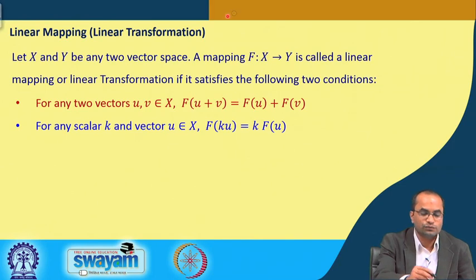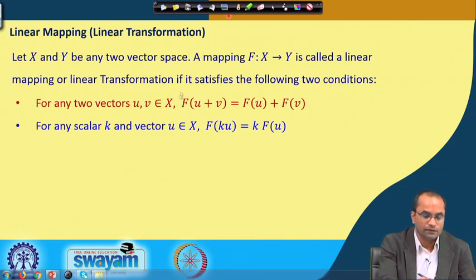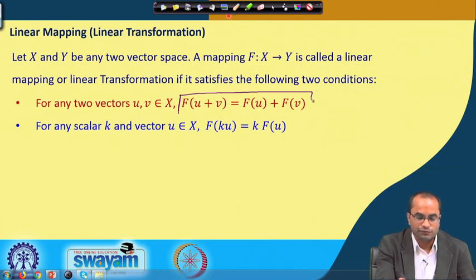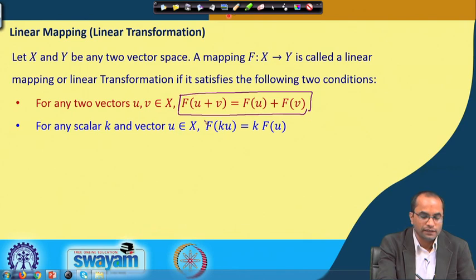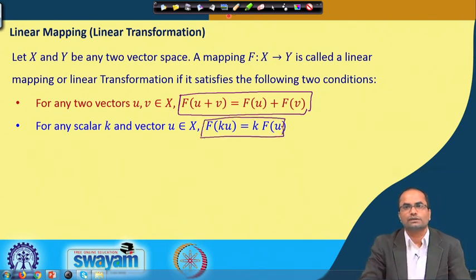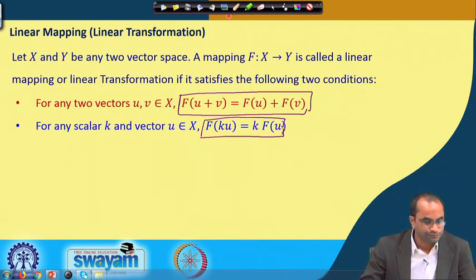So, we have these two conditions required for the linearity. One is f of u plus v must be equal to f u plus f v, and the second condition is that f of k times u, k is a scalar number, must be equal to k multiplied by f u.